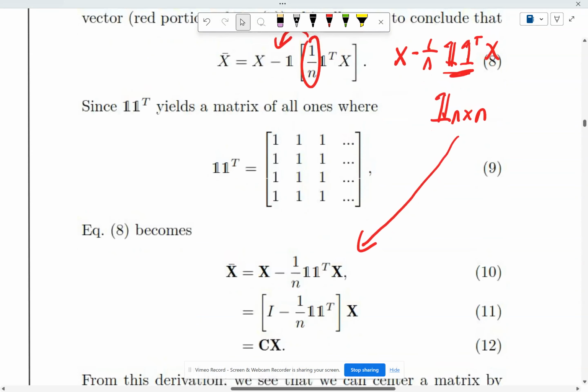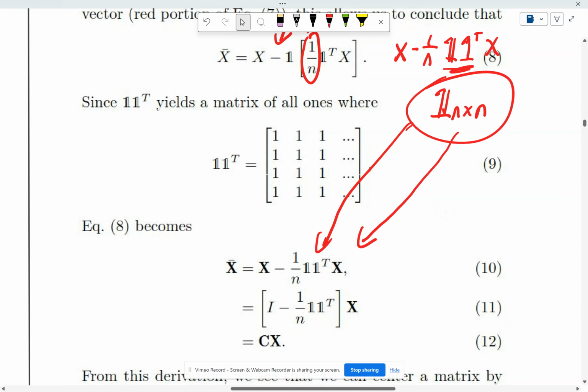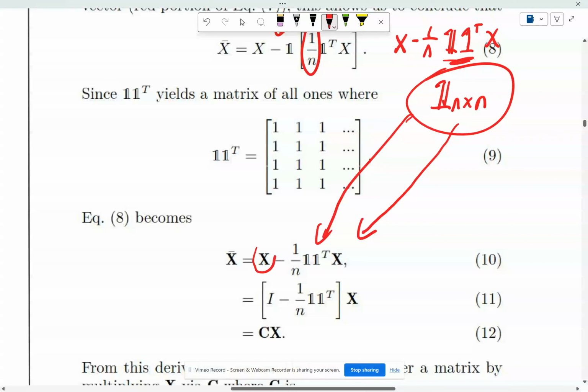Basically, I just combine the two 1 vectors together, right? And oh, I didn't write it this way, but you get the point. In any case, now you can pull x out. So x over here, x over here. So now you have x.